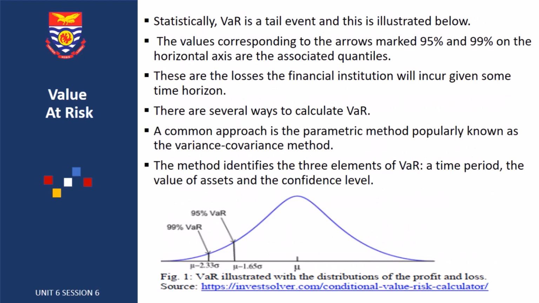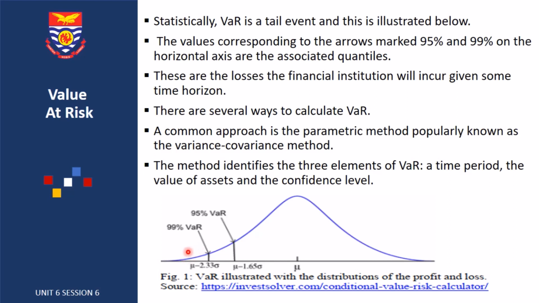Statistically, value at risk is a tail event, and this is illustrated in our figure 1. One thing we have to understand is that in terms of risk, our focus should be at the tail end, because it is the tail, or the extreme activities in the financial market, that brings about the issue of risk and uncertainties. It is the extremity of some of these market conditions that causes several losses in the financial market.